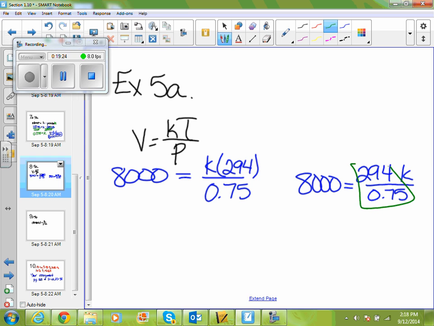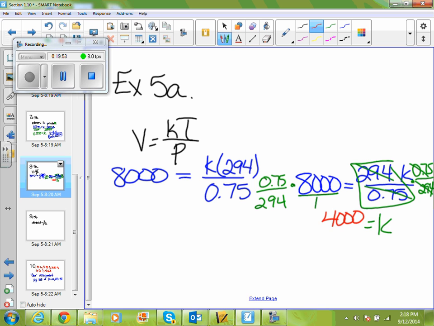To get rid of this fraction, we multiply by the reciprocal, 0.75 over 294 on each side, so that those will cancel. This is like 8,000 over 1, so we can just multiply straight across. What's 0.75 times 8,000? 6,000.